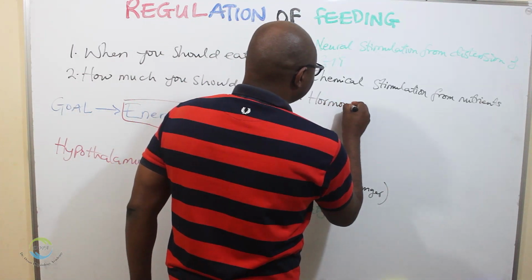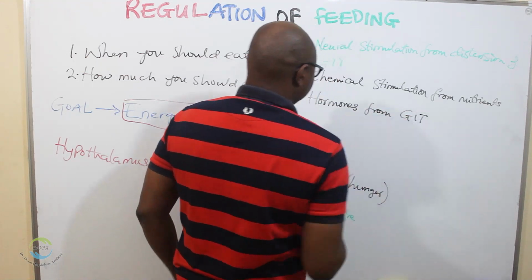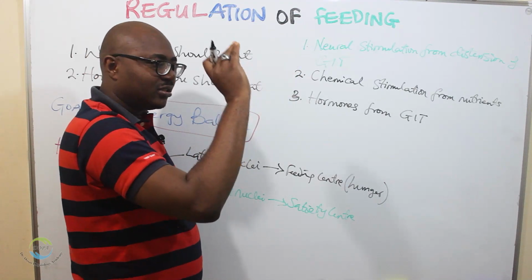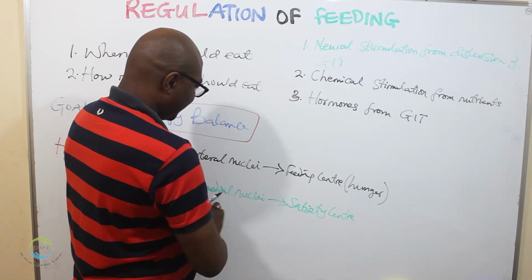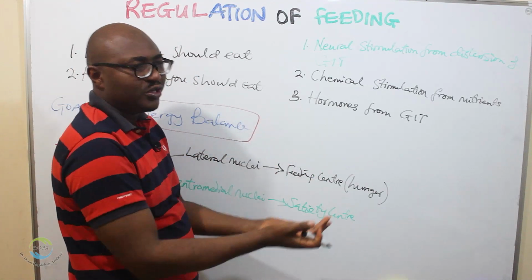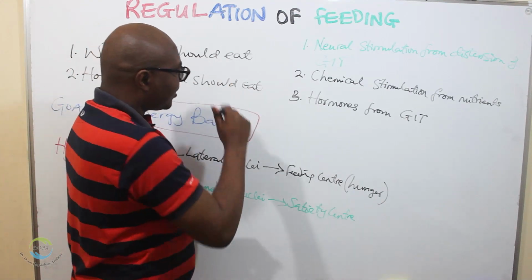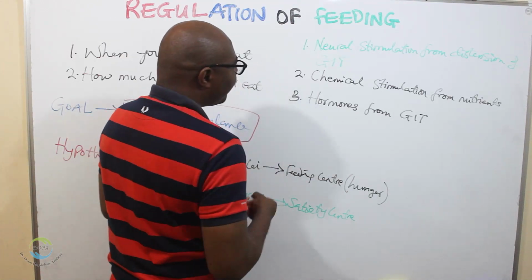Hormones from the GIT will go to the hypothalamus and tell it to stimulate the ventromedial nucleus and say you need to stop feeding, or you need to take in food. Both ways.